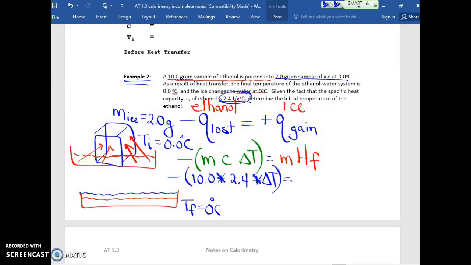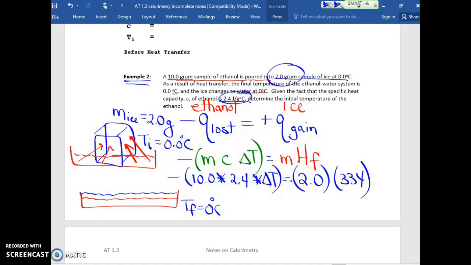The ice cube is small, it's 2 grams, 2.0. And as you guys, I'm sure, can tell me, the heat of fusion of water is? Say it, Isabel. 334. Okay. Yes, nice. A little support there.